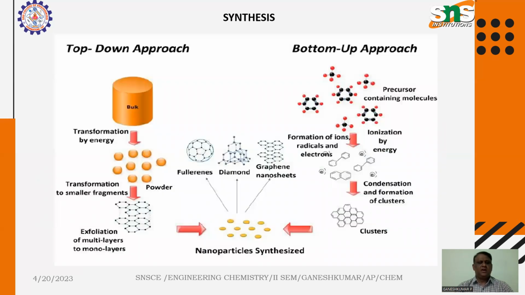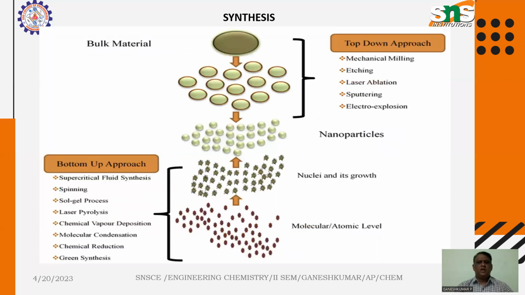In the top-down method, there is a transformation of energy from bulk to small size materials. In the bottom-up method, small size atoms can be converted to nanoscale.